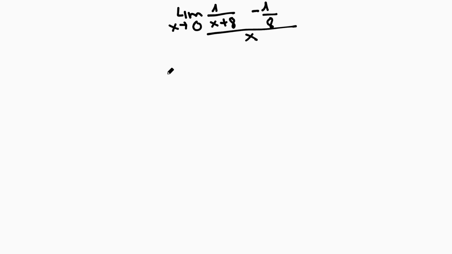The second example would not be much different. It is going to be finding the limit of 1 over x plus 8 minus 1 over 8, over x, when x approaches 0. So I'll have to deal with the numerator again.